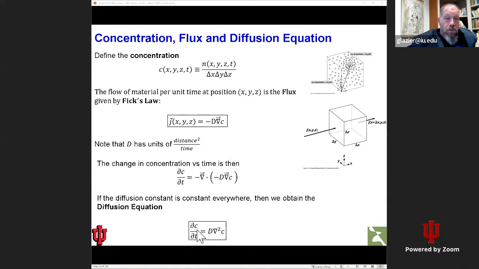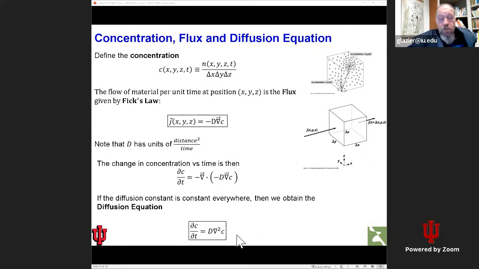And so the diffusion equation says I have a scalar quantity, concentration, and the concentration change per time is a scalar quantity depending on the concentration. Del squared is the second derivative of the concentration with respect to x plus the second derivative of concentration with respect to y and z. And this is the diffusion equation, and we'll use it repeatedly.